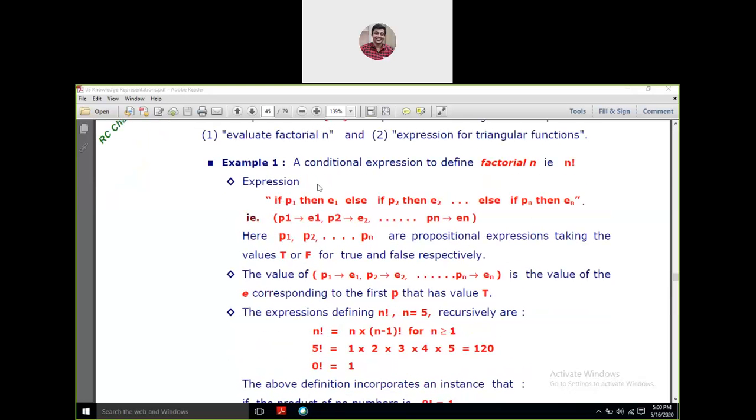Now, in the first one, we are supposed to find the conditional expression for the factorial of n, that is, n factorial, we have to calculate. Now, what are the things that we need to picturize in this problem? We have to have certain propositional expressions.